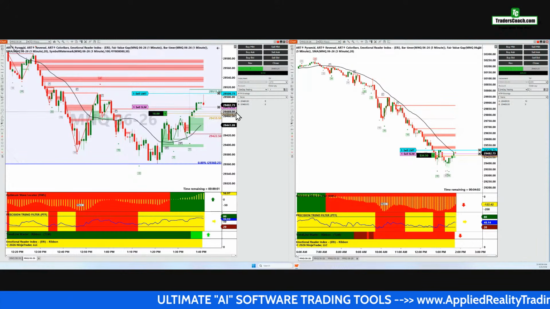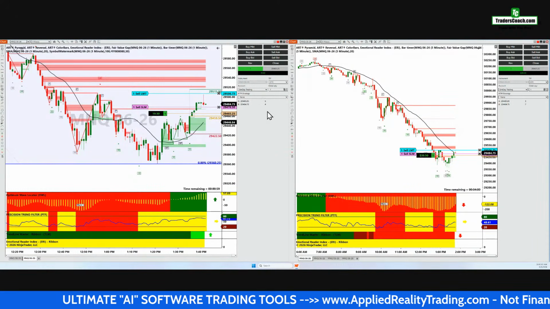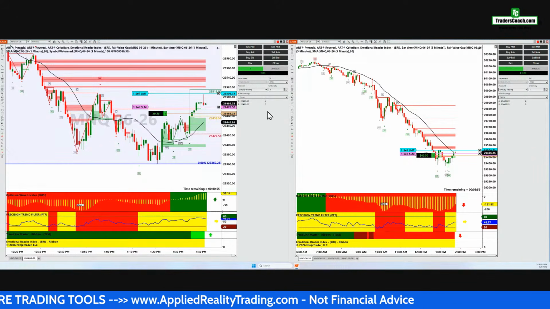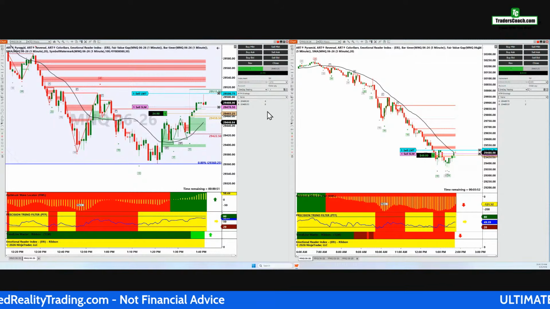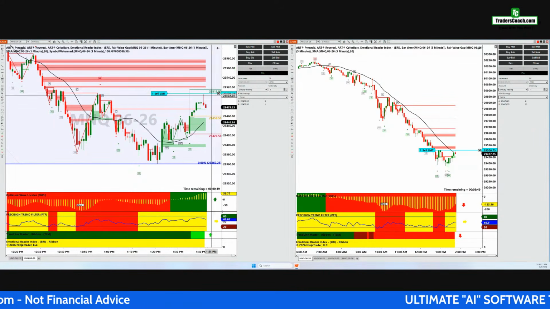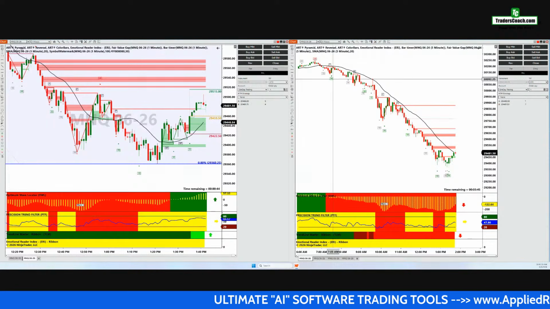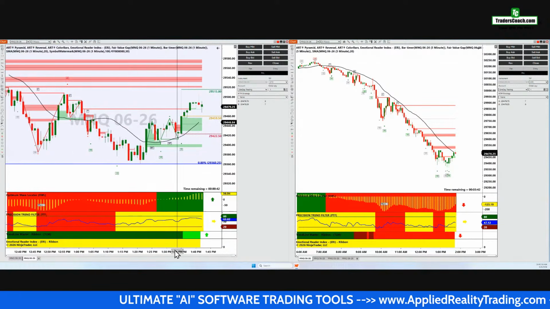Don't like that wick. I'm going to keep that stop right where it is. Okay, so I might have missed it by a tick or two up here. Okay, so we're out.